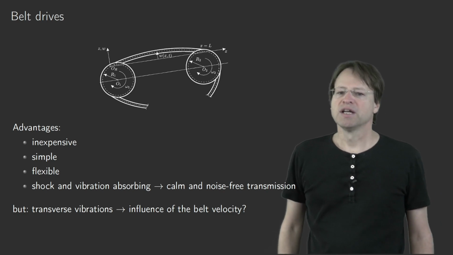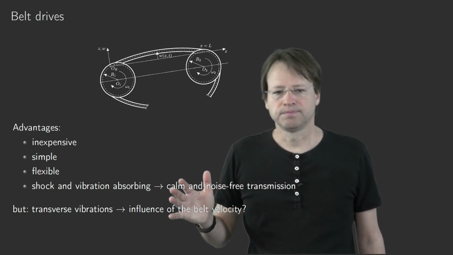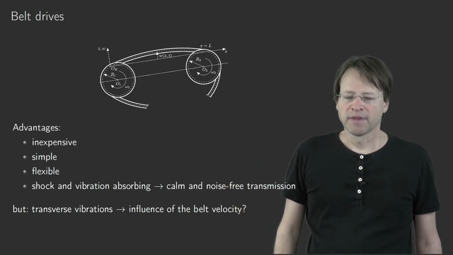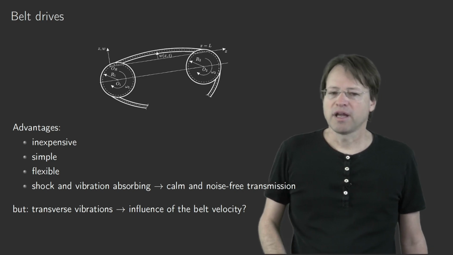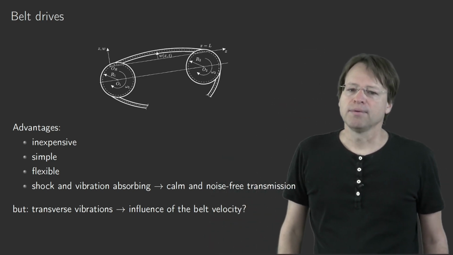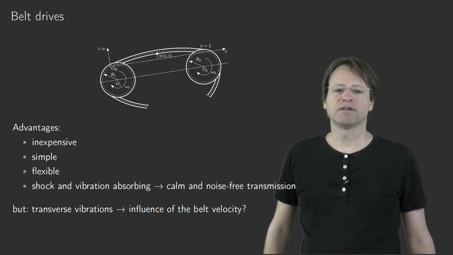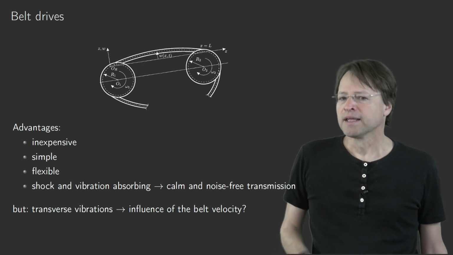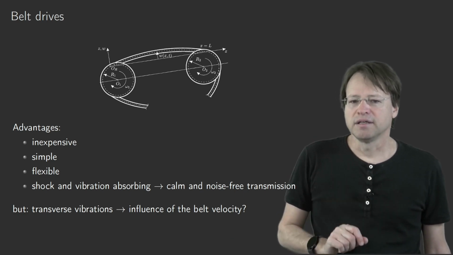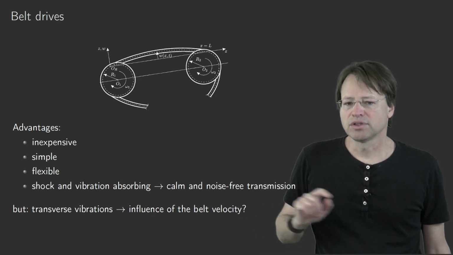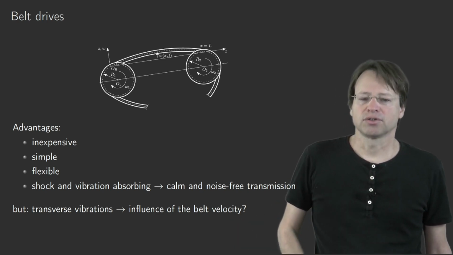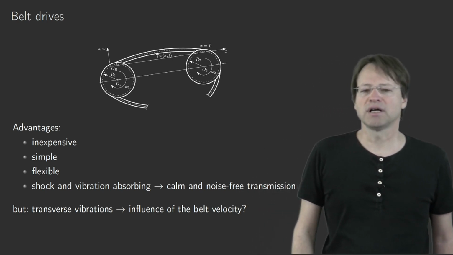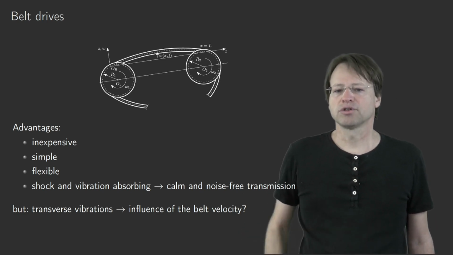And what we will see is that the belt velocity tunes, that is, changes the natural frequency of these transverse vibrations. But in order to study this, we first have to derive the equations of motion. We will see that the influence of the belt velocity will be seen in the inertia part, that it already has an influence on the equations of motion, on the left-hand side, on the system part, due to the inertia terms.